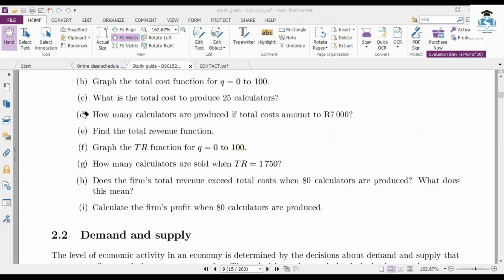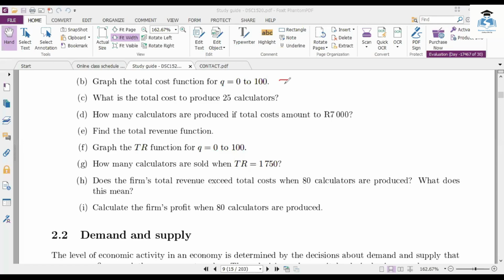I think we need to do the profit calculation. But I personally think we just need to substitute because it says when 80, that is the quantity of calculators. So it's just 35 multiplied by 80, and then you find the total revenue.